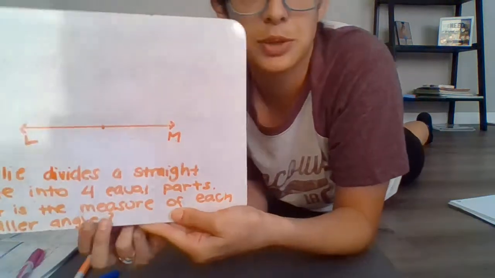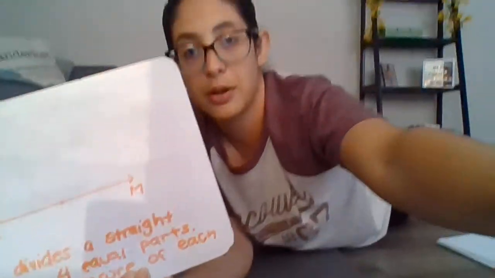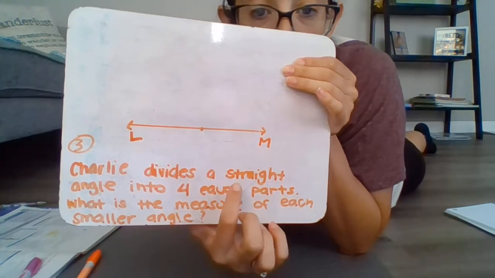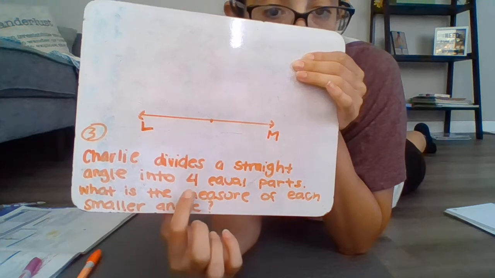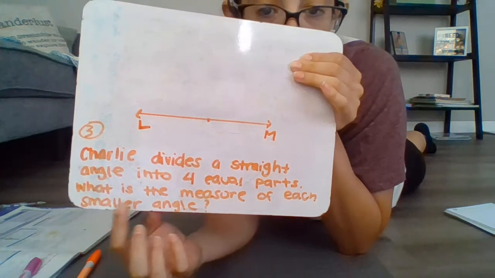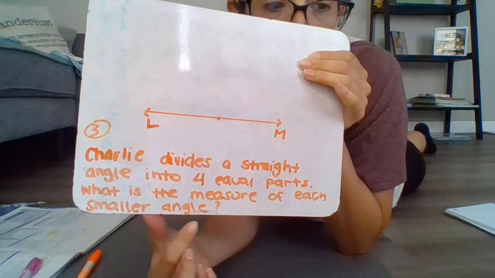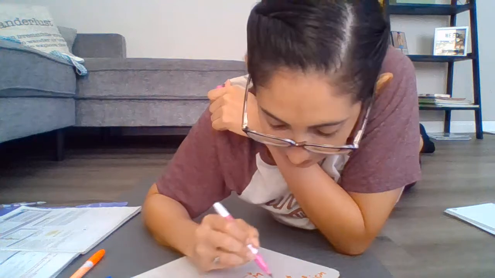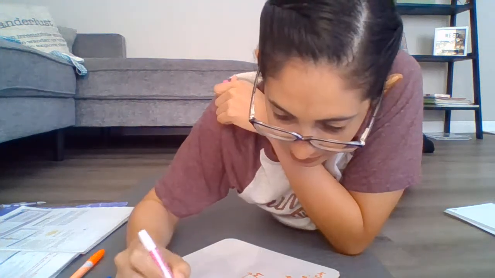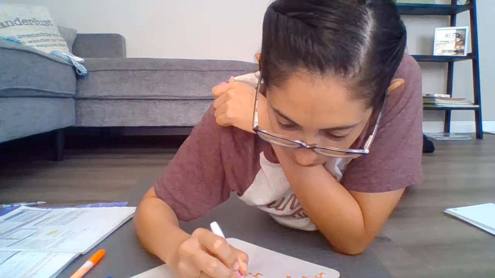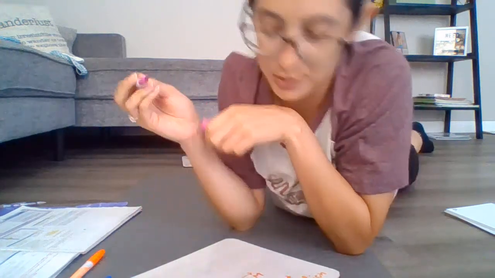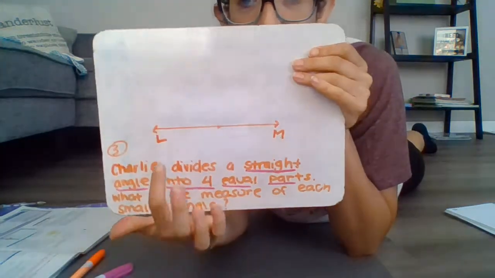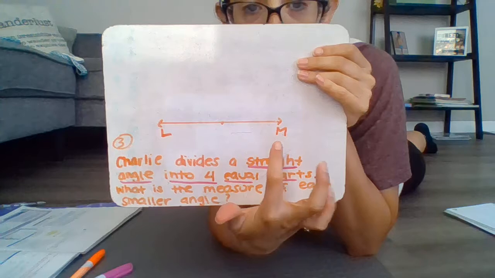So this is one of those ones where you take what you know and go from there. Okay. So Charlie divides a straight angle into 4 equal parts. What is the measure of each smaller angle? I'm going to highlight a very important part. Charlie divides a straight angle into 4 equal parts. So here's my straight angle. It's already labeled L and M. Okay.